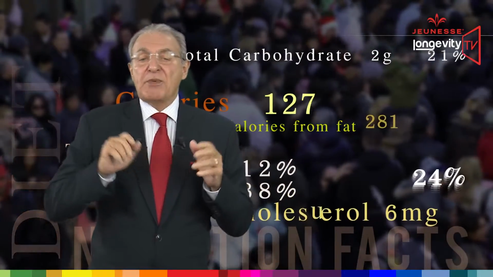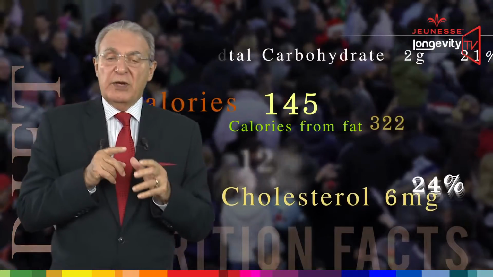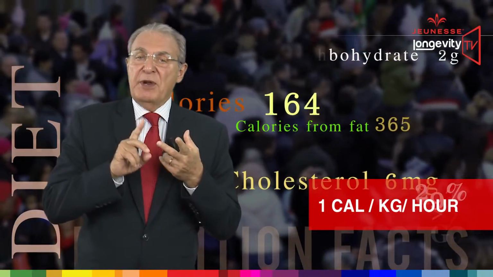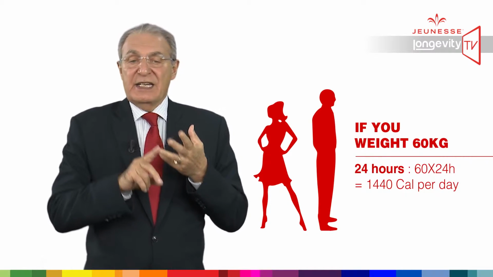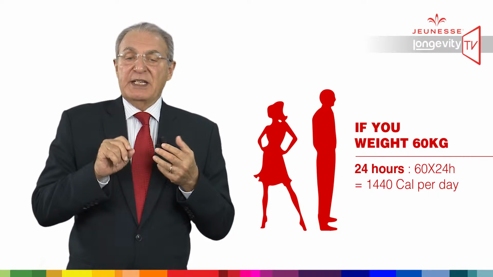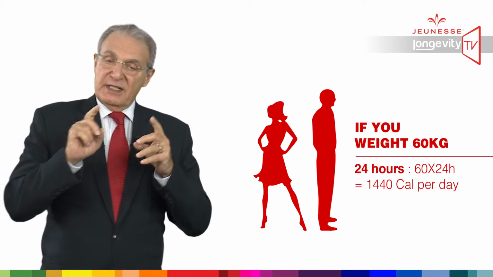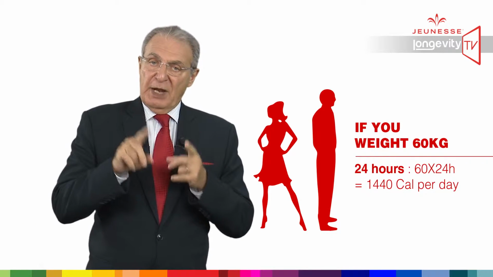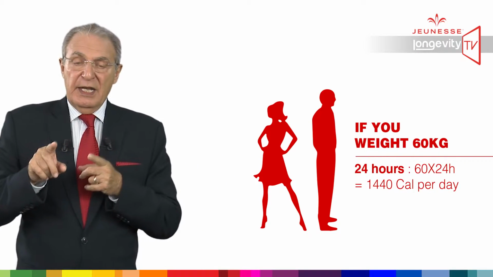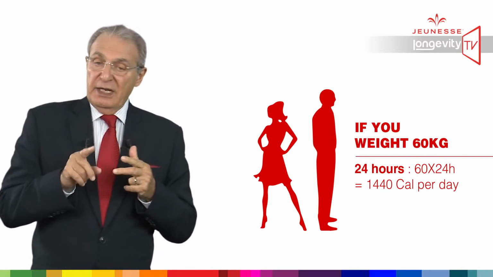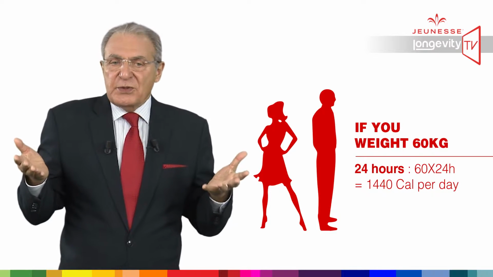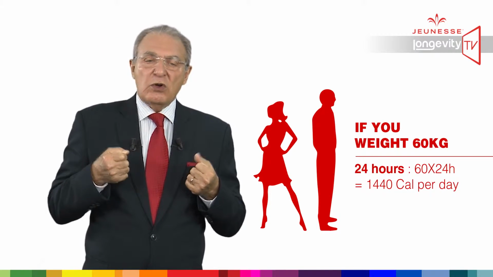This requires approximately 1 calorie per kilo and per hour. So if you weigh 60 kilos, you will spend in 24 hours 60 multiplied by 24, equal to 1,440 calories per day. And this is good news because you have no control over that.